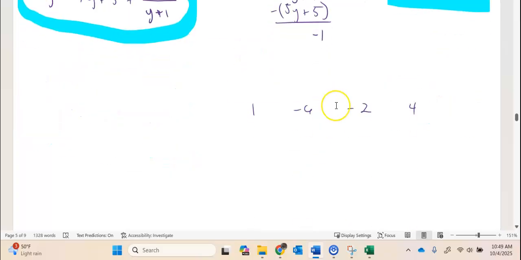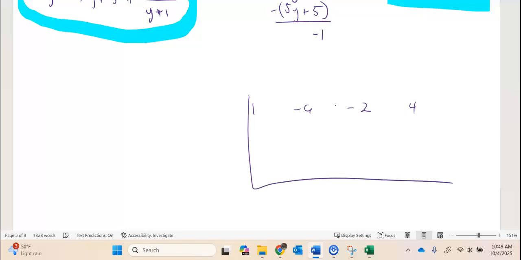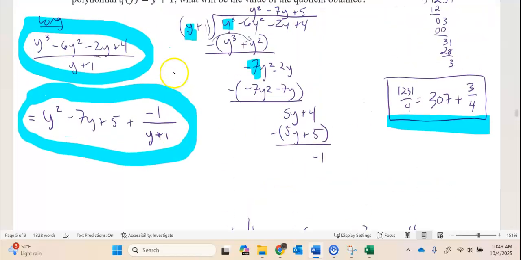And then out here, I'm dividing by y plus 1, but I put the 0 that corresponds with my divisor. That is the linear factor I'm dividing by. What's the 0 that goes with that? If I set that to 0 and solve it, I get negative 1. We'll use this a lot in this section. Anytime I have a factor like y plus 1, then the 0 that goes with that is y equals negative 1.